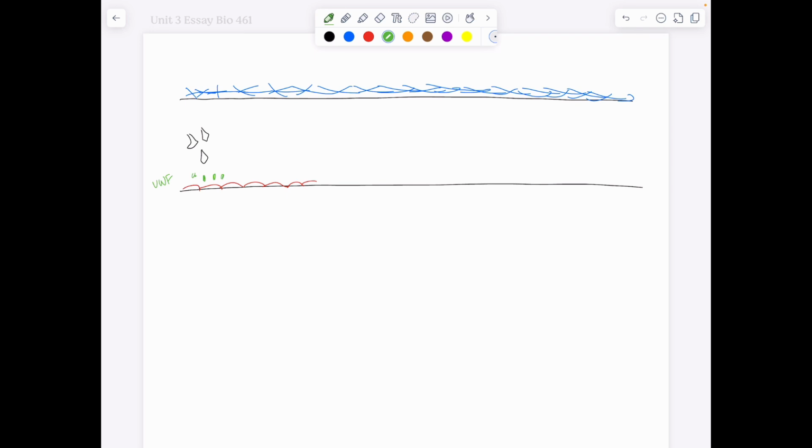Let's say that we get damage to this blood vessel. One thing I need to mention on this basement membrane, we have a bunch of negative charges all across it, so this VWF is going to be attracted there.